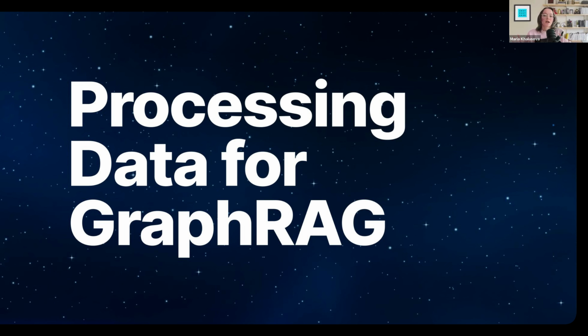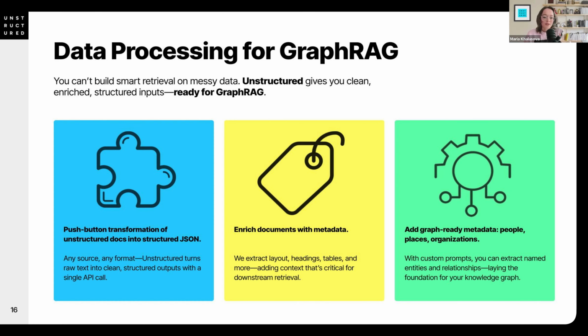Now, Unstructured already offers push-button transformation of unstructured documents into structured JSON. So as was mentioned before, regardless of your data source, whether it's an S3 bucket, Azure Blob Storage, a Confluence page, Dropbox, Google Drive, and so on, Unstructured can ingest documents from any of those sources.